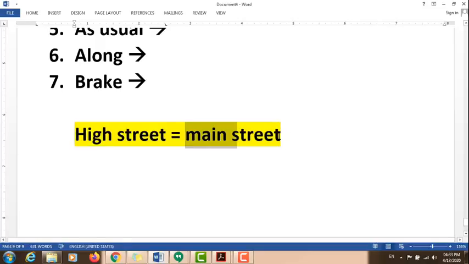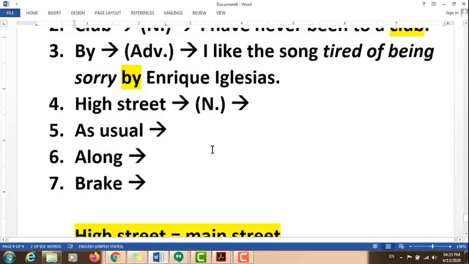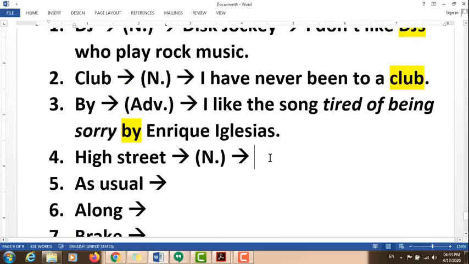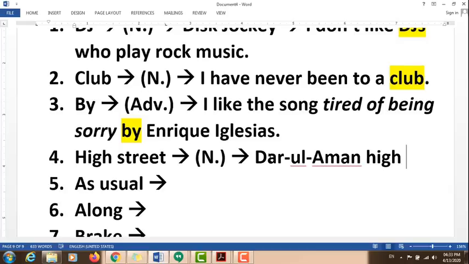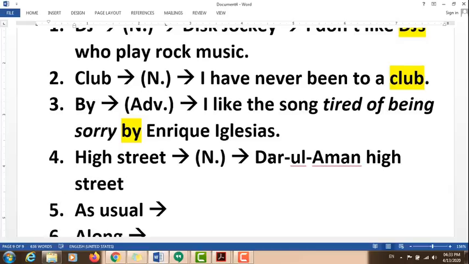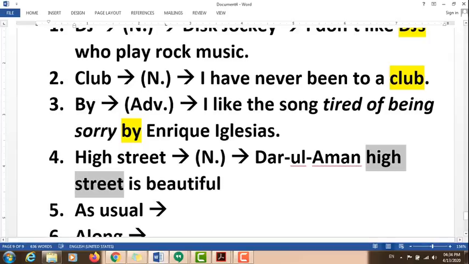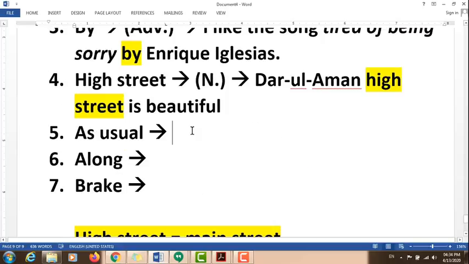And then we say, Darul Aman High Street is beautiful. سرک عمومی دارالامان چی است مقبول؟ Yeah, because of all those flags and the venue and things like that. Okay, so high street, سرک عمومی.